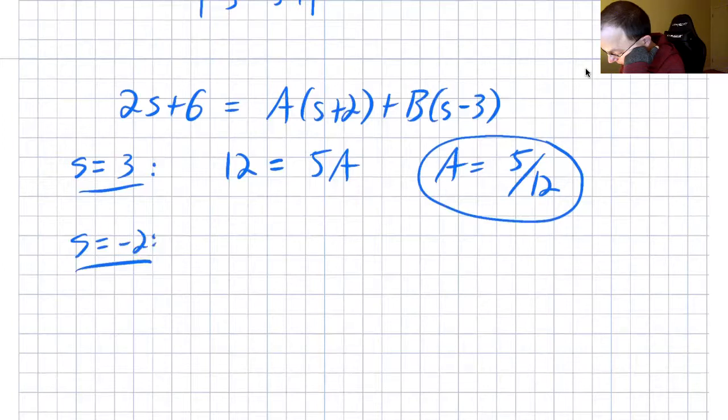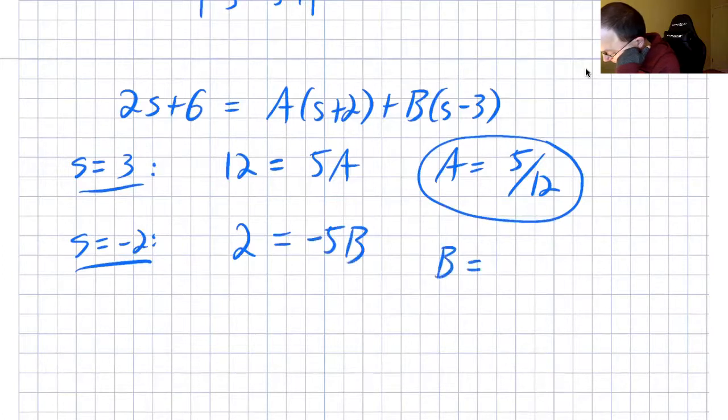On the left, we get 2. And on the right, we have minus 5b. So b is equal to minus 2 divided by 5. Oh, and I see I made a mistake up here, actually. 12 divided by 5.